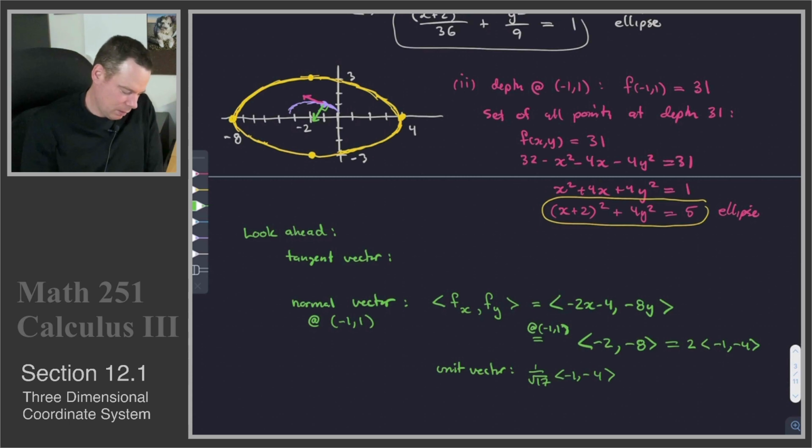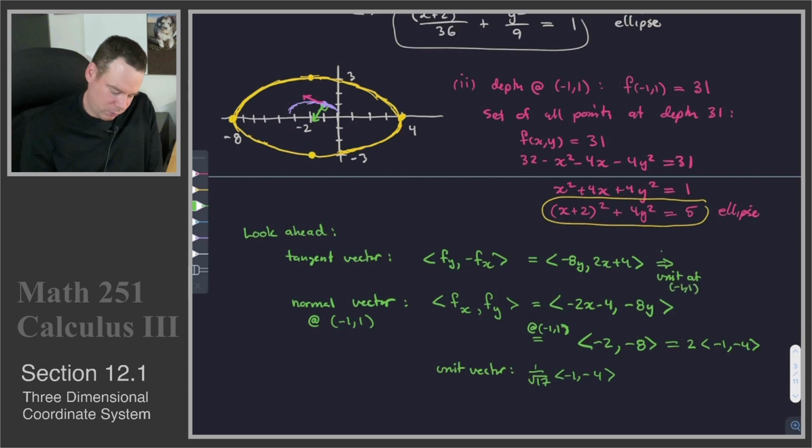How do we get the tangent vector in this case? Well, that would just be a vector that's perpendicular to the normal vector. And so this would be made up of f sub y and negative f sub x. And so in that case, we would have f sub y is negative 8y, negative f sub x is 2x plus 4, and then we'll get our unit vector at negative 1, 1.